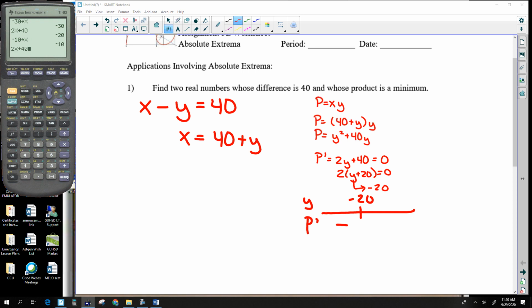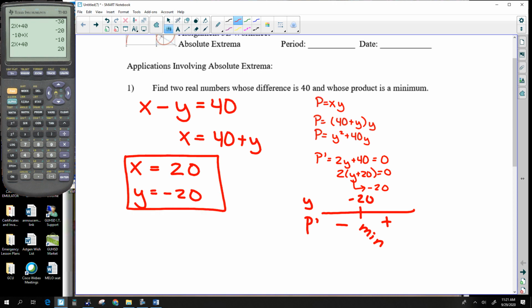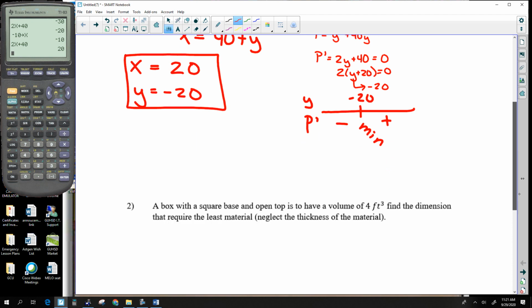Same idea, positive number. This is a minimum, so the product is a minimum. So y is equal to negative 20, and that would imply that x would be 20. Again, just another optimization problem.